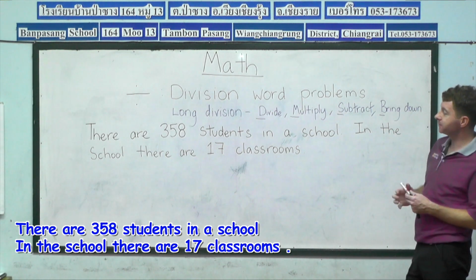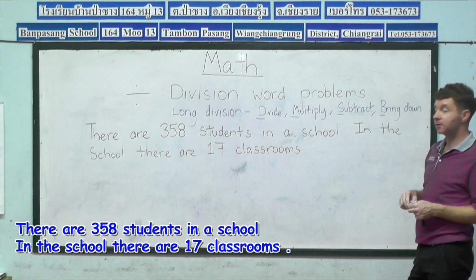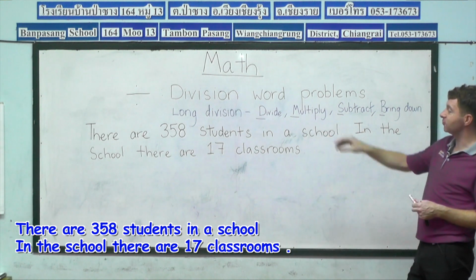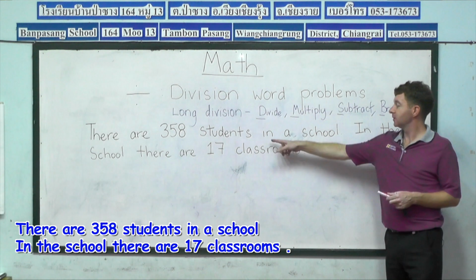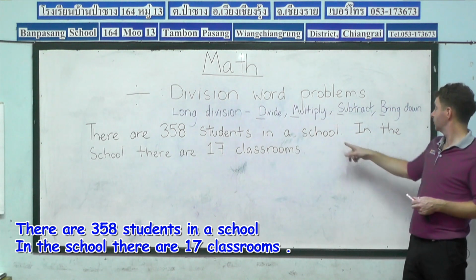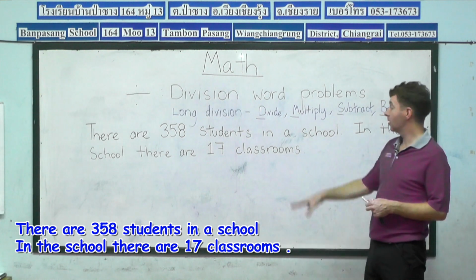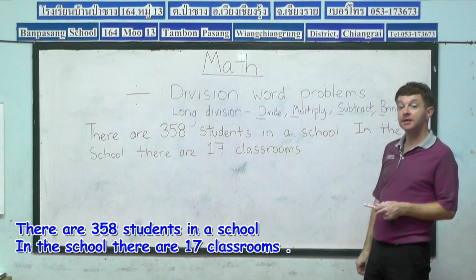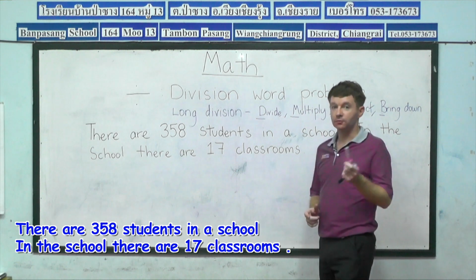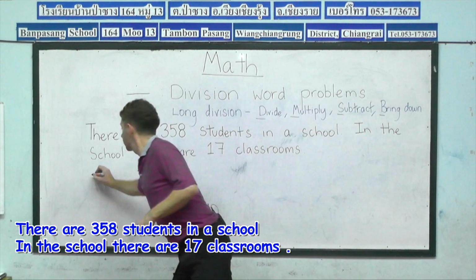Okay, so let's read together. There are 358 students in a school. In the school, there are 17 classrooms. So now for our question.